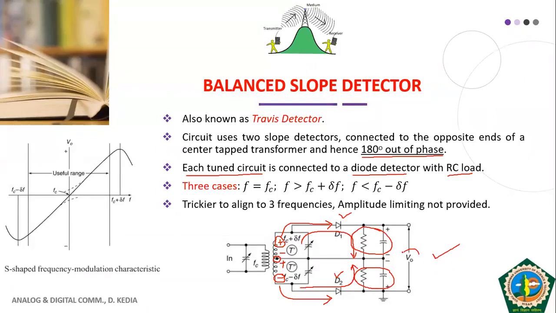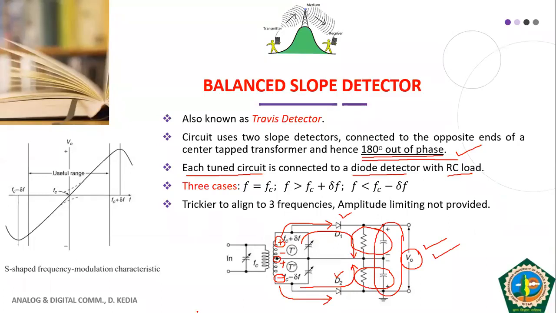So the output voltage is proportional to the difference of the voltages or difference of the currents which have been passed through the two diodes. That means the output of the two slope detectors is subtracted, and then the final output is obtained. So subtraction indirectly again emphasizes the point that the two detectors are 180-degree out of phase.